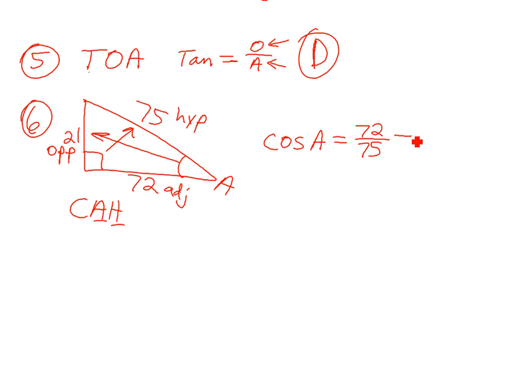That's not one of the answers over there, but you can grab your calculator and reduce that down. Just use your ABC button: 72 ABC 75, hit enter, and it tells you 24 over 25, which is letter D.